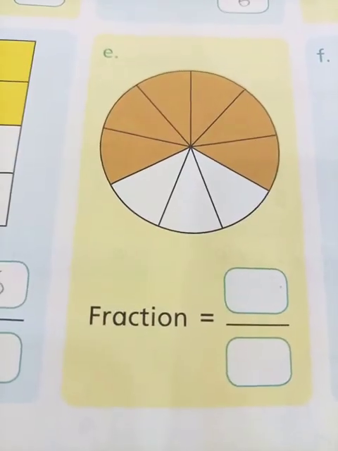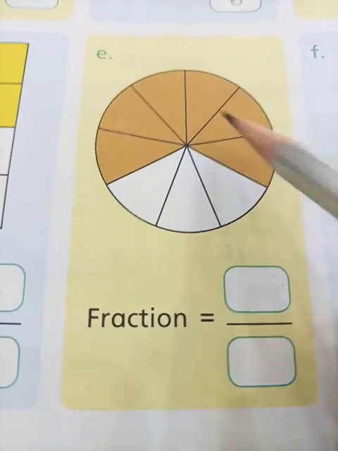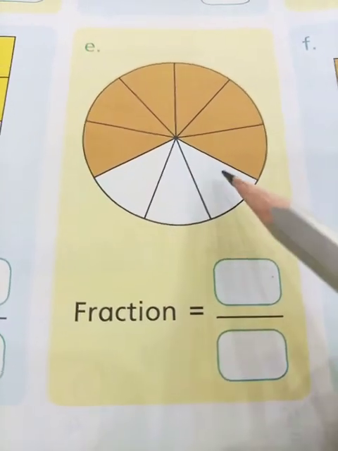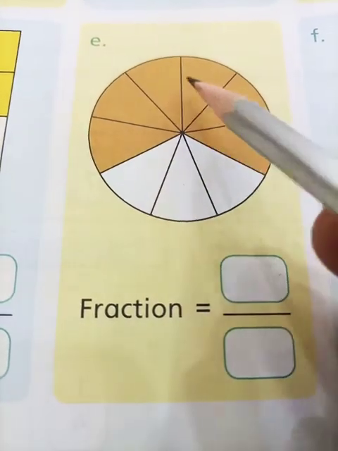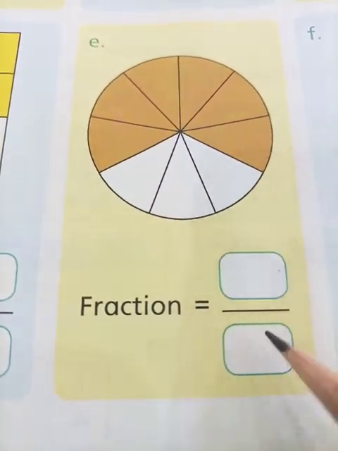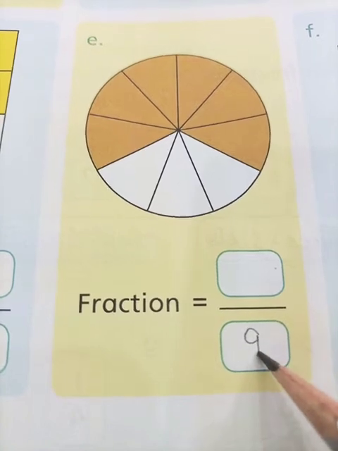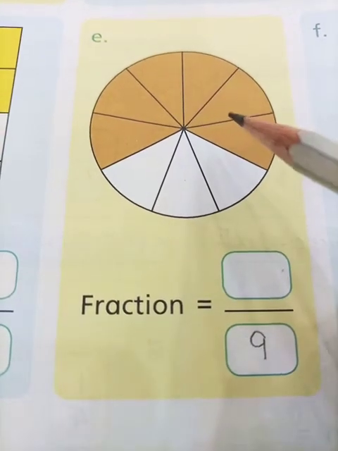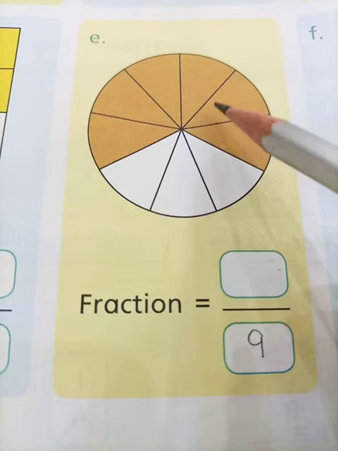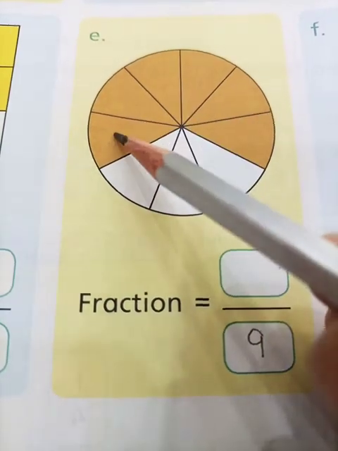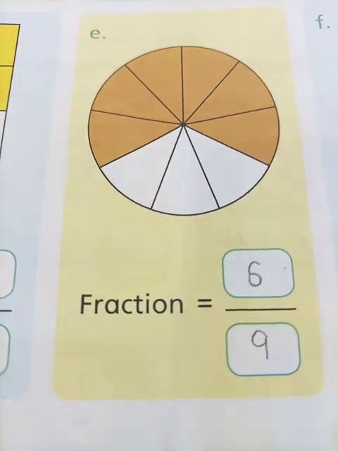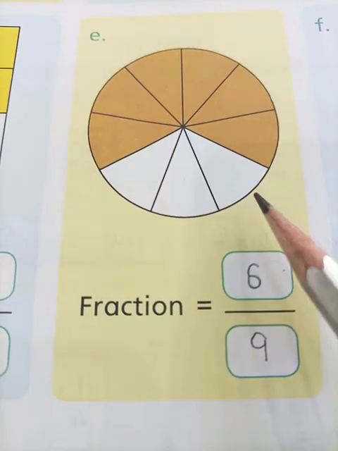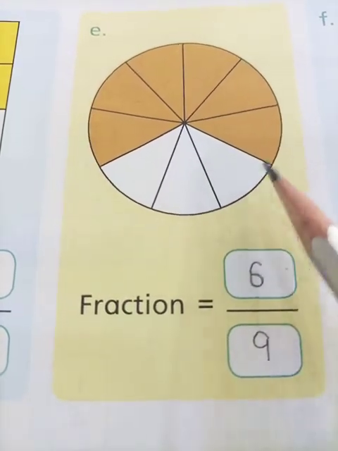Here in the next part E, count the total number of parts starting from this blank part first. 1, 2, 3, 4, 5, 6, 7, 8 and 9. Here in total I have 9 parts, out of which how many are colored? 1, 2, 3, 4, 5 and 6. Here 6 parts are colored, which means that 6/9 portion of this shape is colored.